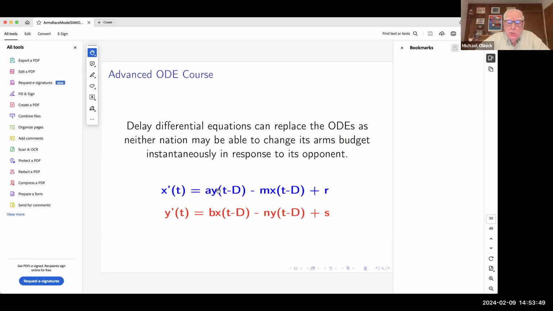Yeah. So if R is positive, that's going to contribute to making X prime larger. So this would be an assumption that there's an underlying hostility between the two nations, or at least in how X perceives Y. And if it was negative, that would of course tend toward a smaller value for X prime. So there might be some amount of goodwill that balances out some development of arms on the two sides.